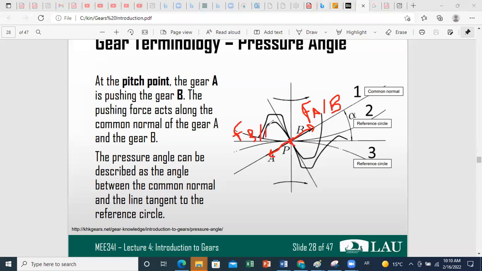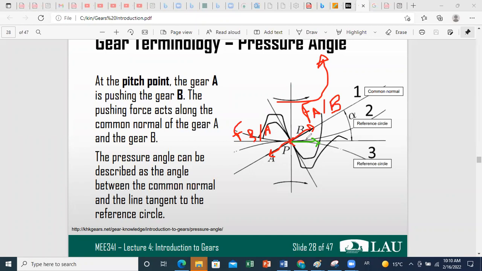So due to this interaction, this force will produce for gear 1 a rotation in the counterclockwise direction using the right hand rule, and the useful component is the one along the tangent line to the pitch circles.